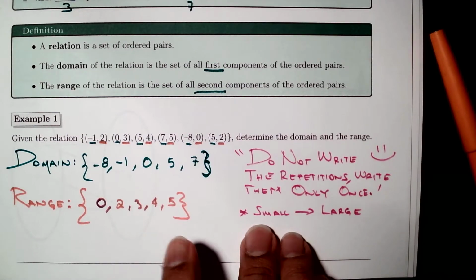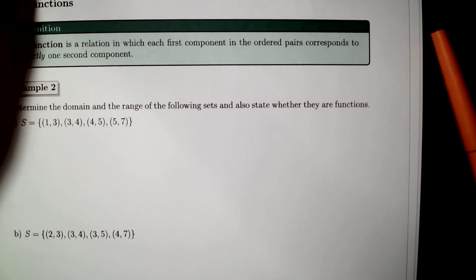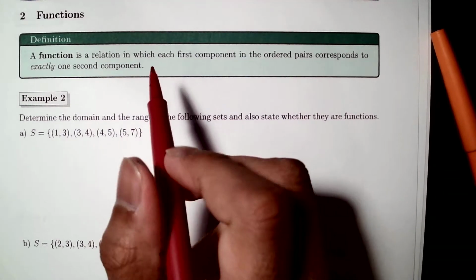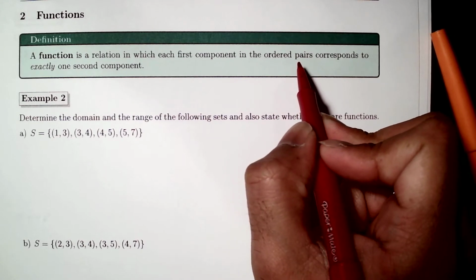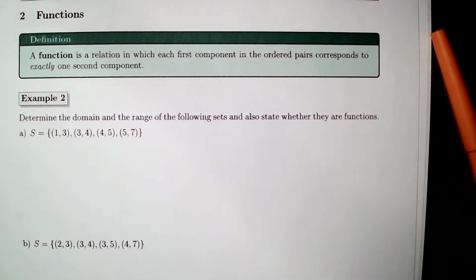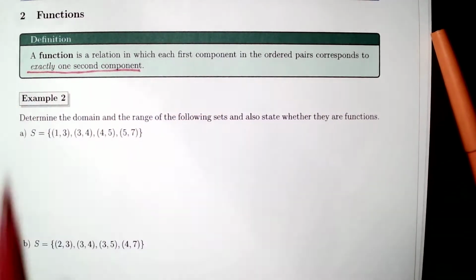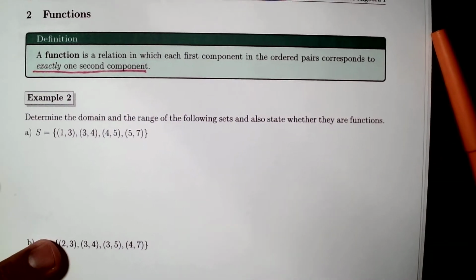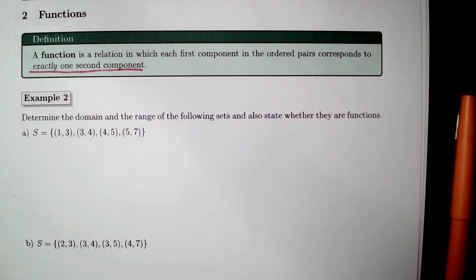Okay, so now that we know what a relation is, we're going to look now at what a function is. A function is a special type of relation with this particularity in which each first component in the ordered pairs, that is an element in the domain, corresponds to exactly one second component. Only one. All right. Let's spell this out in easier words, hopefully.